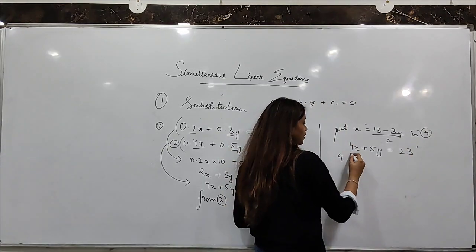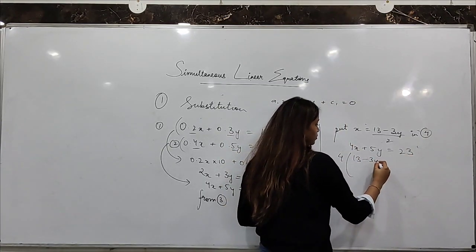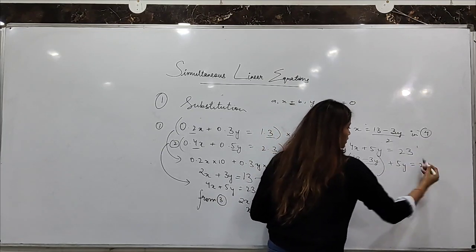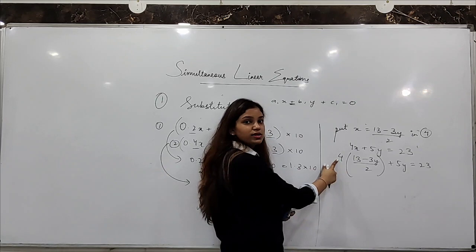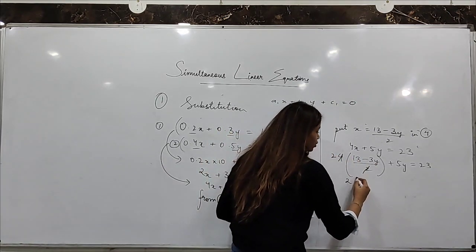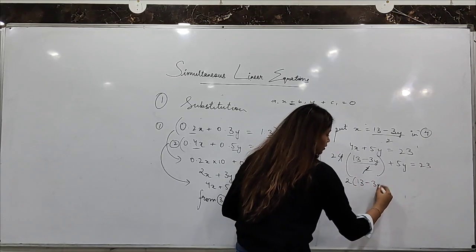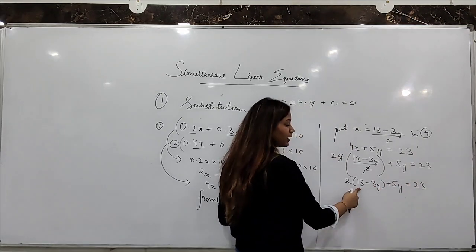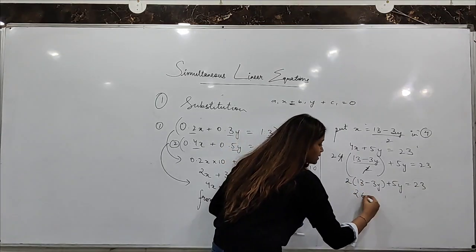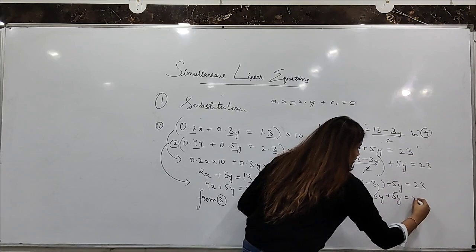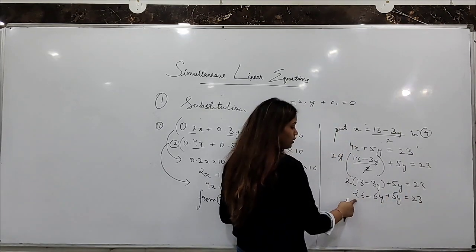In place of x, 13 minus 3y upon 2, plus 5y is equal to 23. Now see, this 4 is in multiplication, 2 in denominator, they cancel. Now I've got 2 into 13 minus 3y plus 5y is equal to 23. Again multiplication, 13 into 2, 26, 3 into 2, 6, plus 5y is equal to 23.